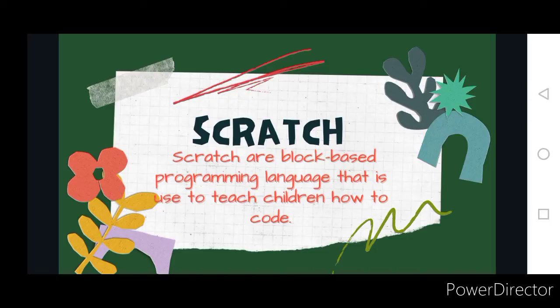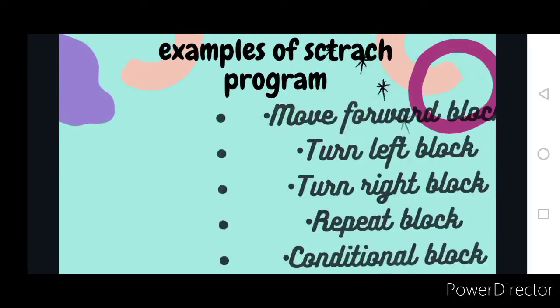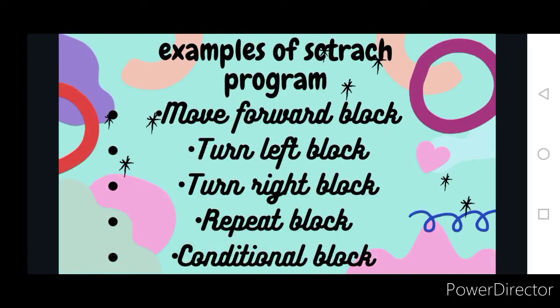We have so many other examples of programming languages like Python and Java, but the one that is best suitable for teaching kids how to program, which is very simple and easy to use, is Scratch programming. We have so many wonderful examples of Scratch, like the move forward block, the turn left block, the turn right block, the repeat block, and even the conditional block.